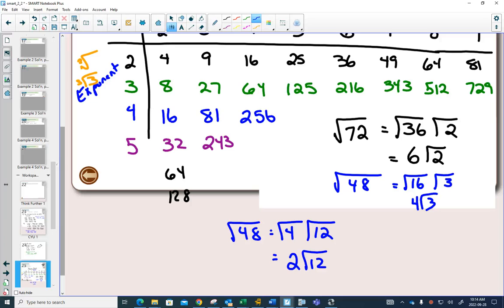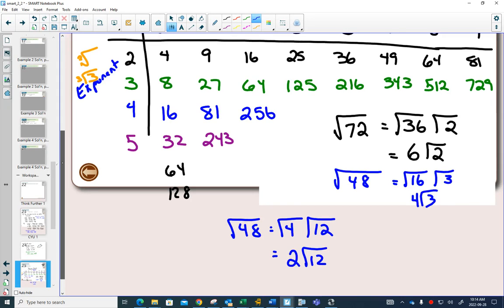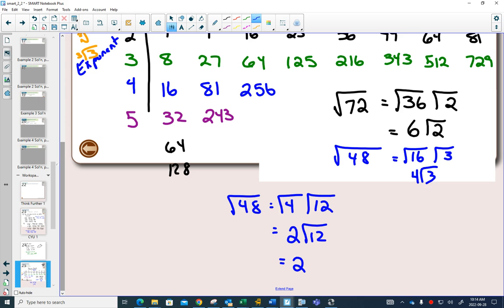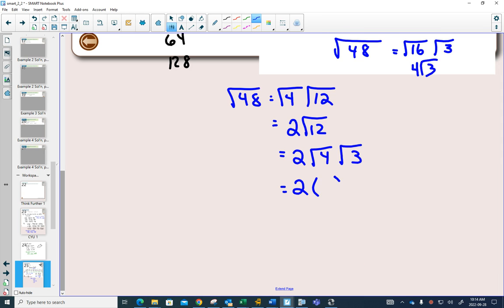Is there something in our perfect squares that divides 12? Yes, 4 again. So if I didn't see the 16 and I started with the 4 and got to root 12, I'm not done, because root 12 can be broken down even further to root 4 times root 3. And then I would have a 2 here. I'm going to put this 2 in brackets, because if I don't, it's going to look like 22. And then root 3. And 2 times 2 is 4 root 3. So if you don't see the biggest one, it's not wrong. It's just a little bit more work.